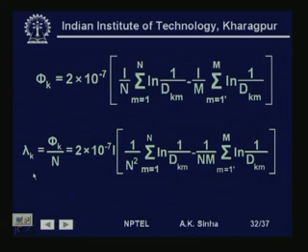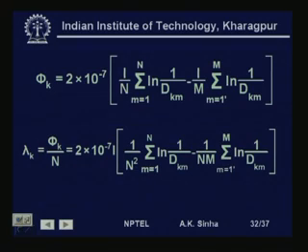Now, what is the flux linkage of this conductor? The current flowing in this conductor is I by n. So, total flux linkage of this conductor will be 1 nth of the total flux. So, phi k by n is the flux linkage of this conductor.